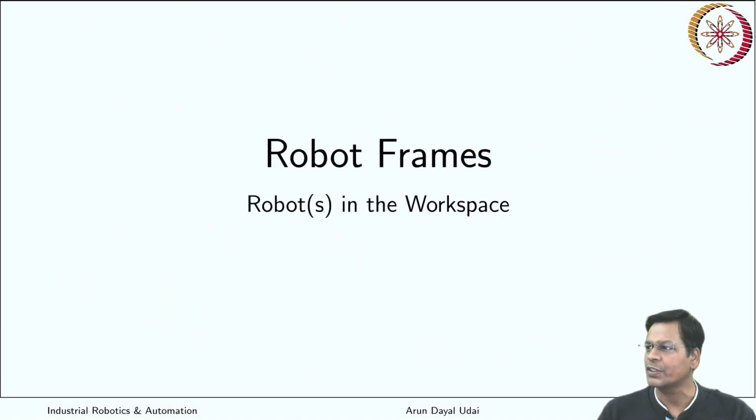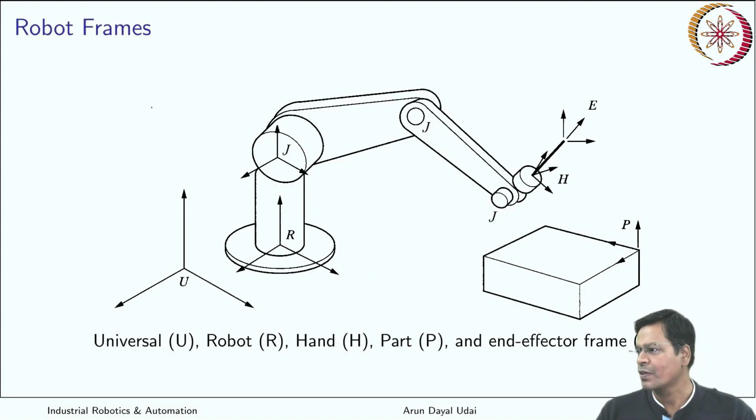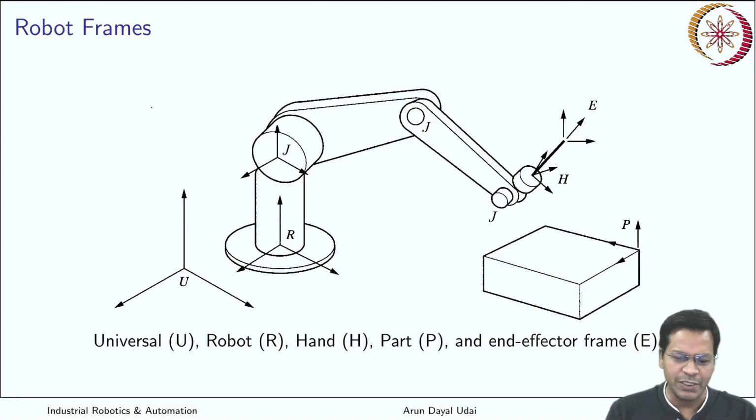So let us start with robot frames. So yes, these are robot frames. How many frames are there in a robot and robot associated system in the workspace? So let us start defining. So first one is a universal frame. This is the frame in which you may have many other robots also.